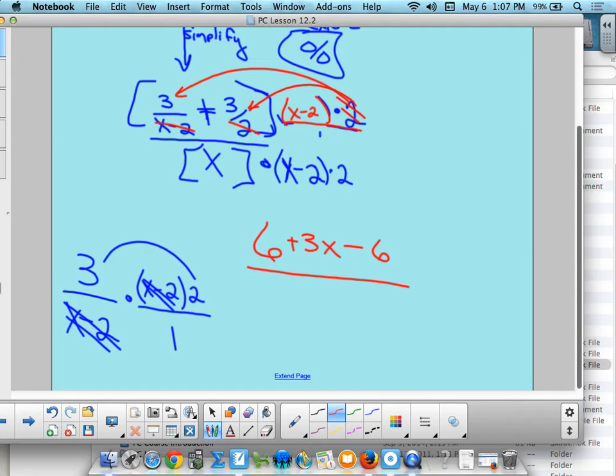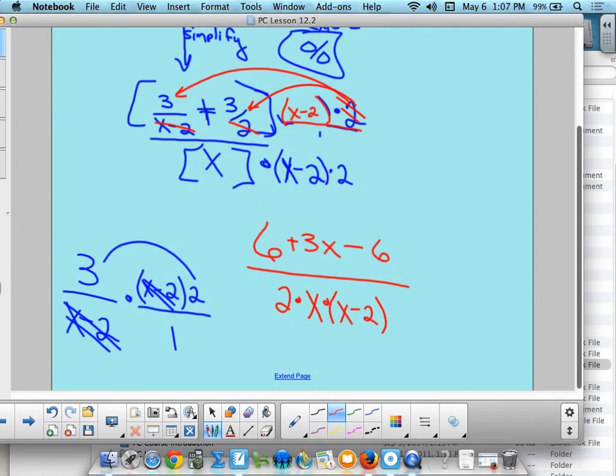And you guys should be smiling right now, right? You got a 6 minus 6. You know that's nice. Okay, on the bottom, I wouldn't multiply because you want these to cancel. See that 2 in the back? I would really like it in the front. Is that okay if I do that? So put this 2 in the front. 2 times x minus 2. Okay?